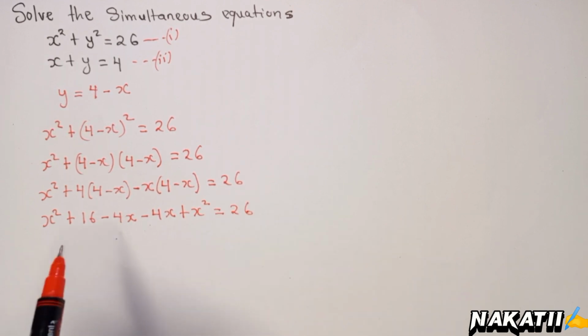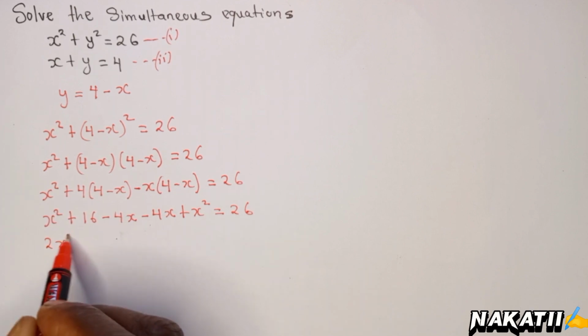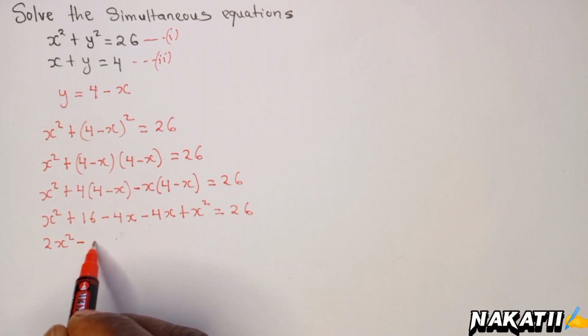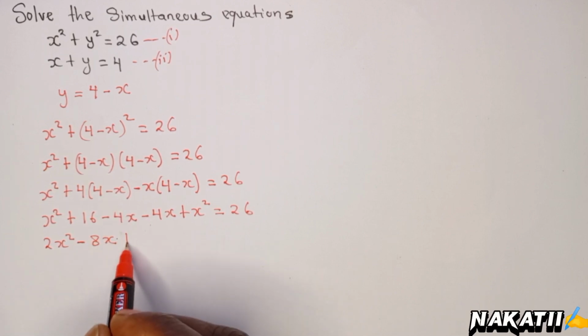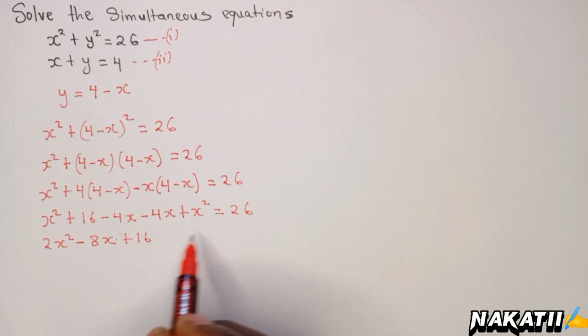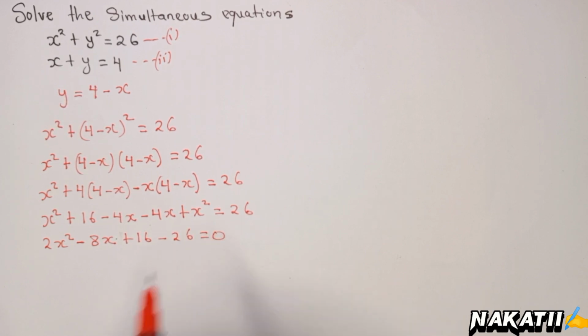When you collect the like terms, x squared plus x squared, that gives you 2x squared. Negative 4x minus 4x, that gives you negative 8x. Then you'll have plus 16. If you bring this 26 this side of the equation, you're going to have minus 26 is equals to 0.